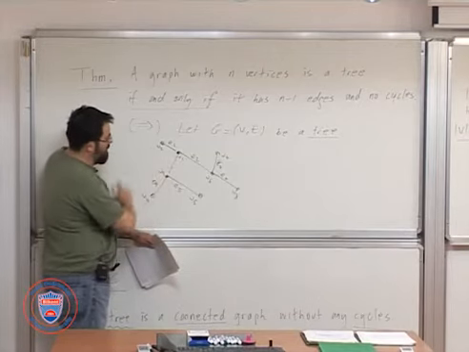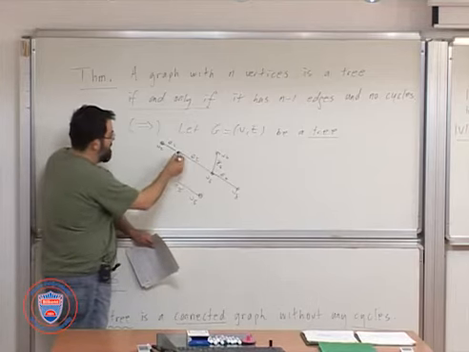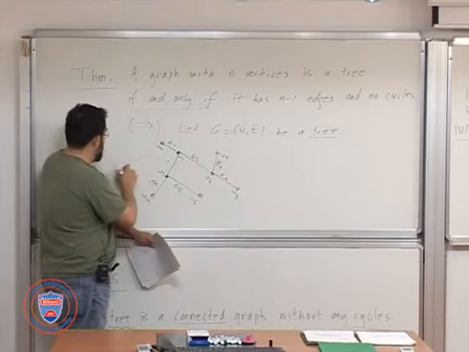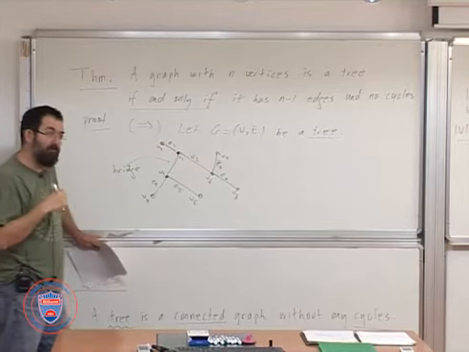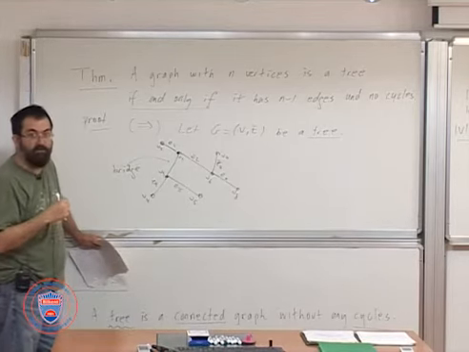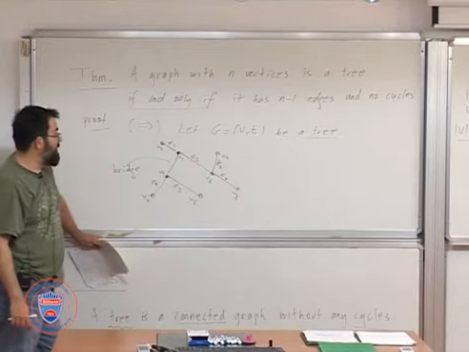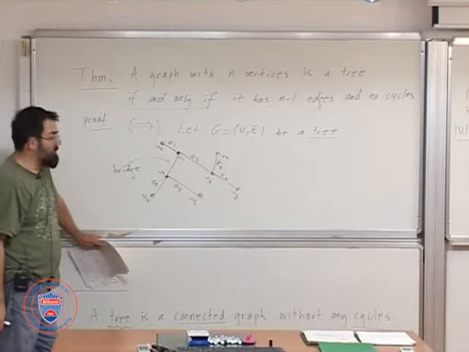Anytime you take an edge out, the graph becomes disconnected. So every edge is a sort of, they're called bridges. An edge is called a bridge if when you take it out, your graph becomes disconnected. Okay? So on a tree, every edge is a bridge. First claim is this. Why is this true?